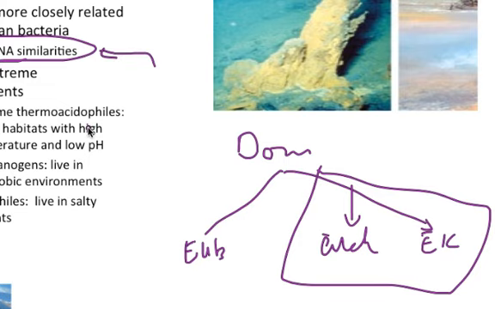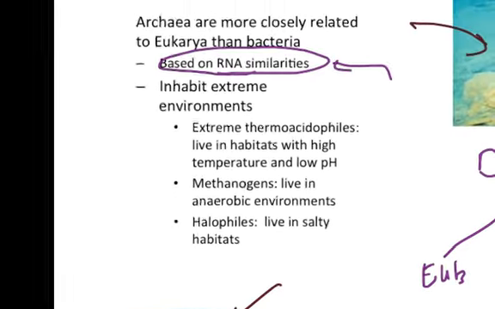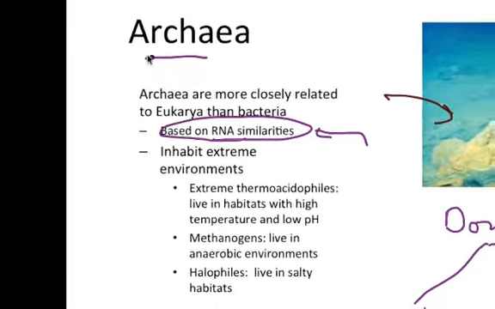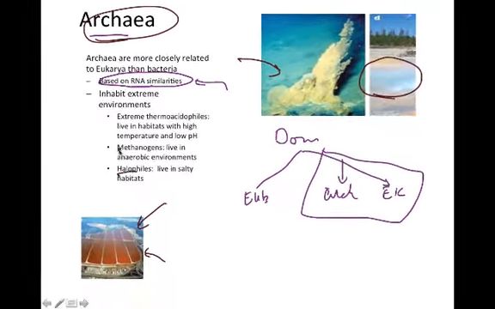They're also the ones that inhabit extreme environments, whether thermal vents at the depths of the ocean, or sulfur regions in Yellowstone, or when you're flying over, let's say, bodies of water such as the South Bay, landing in San Jose, you can see the coloration. The coloration is not due to rust, but due to the archaea that are residing in those areas. They have these halophiles, the methanogens, and then the extreme thermoacidophiles, just to give you an idea of some of the ways in which they're going to be classified.